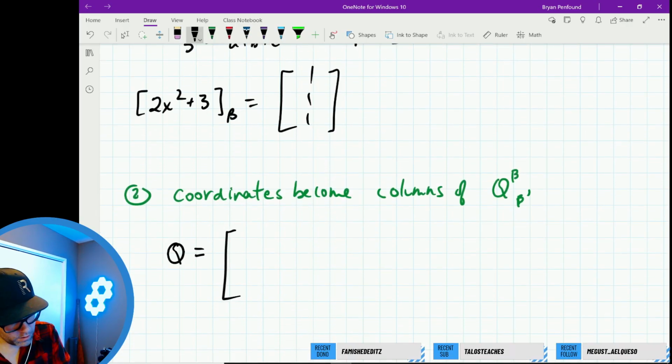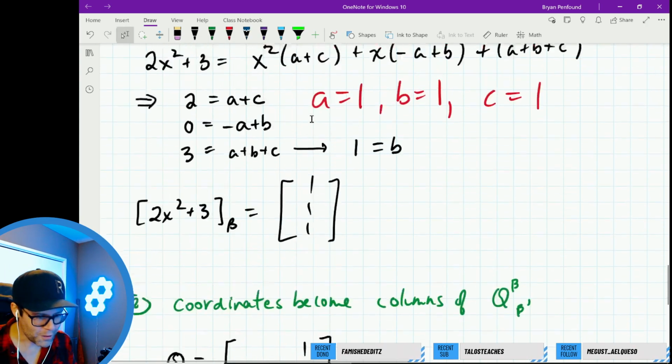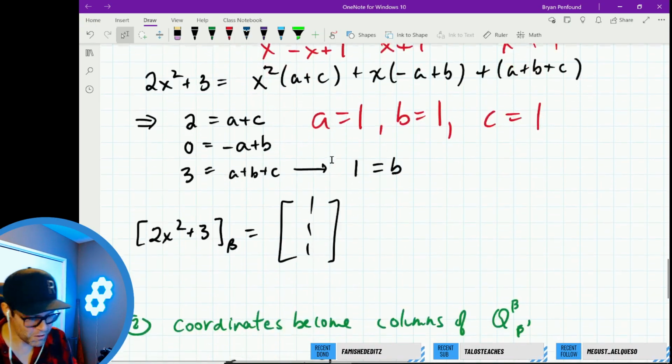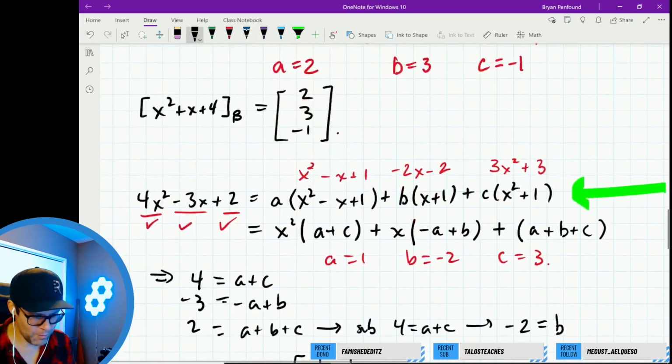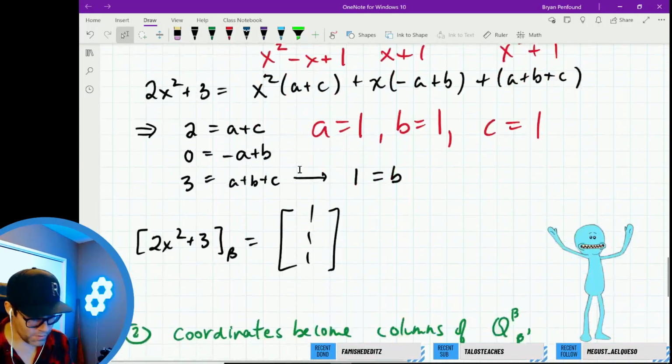So our Q, okay, I know what the third column looks like. Second column is 1, negative 2, 3. And then column 1 is 2, 3, minus 1.